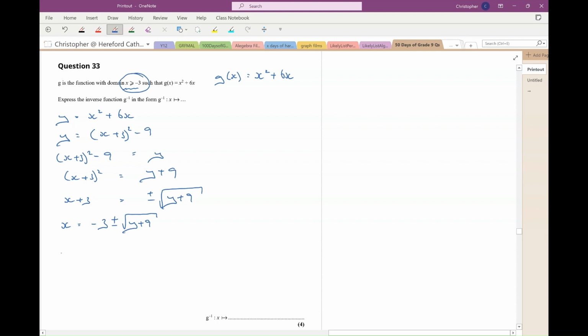So we're going to have minus 3 plus something, aren't we? And now I can write it in the form of g to the minus 1 of x is minus 3 plus the square root of x plus 9. So, for my answer here, I'm going to say that x is transformed to minus 3 plus the square root of x plus 9. And that's question 33 done.